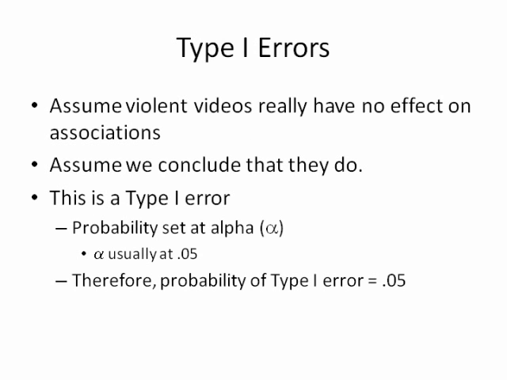Okay, now I'm describing to you type 1 errors here in the context of an actual research study. So think back to our example of watching violent videos and then asking participants to freely associate homonyms. We're going to assume that the violent videos really have no effect on association.